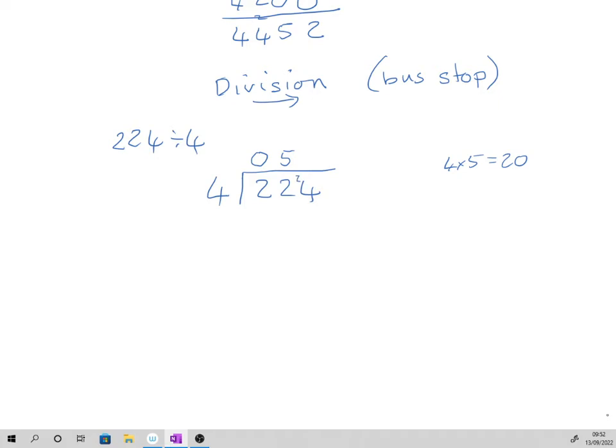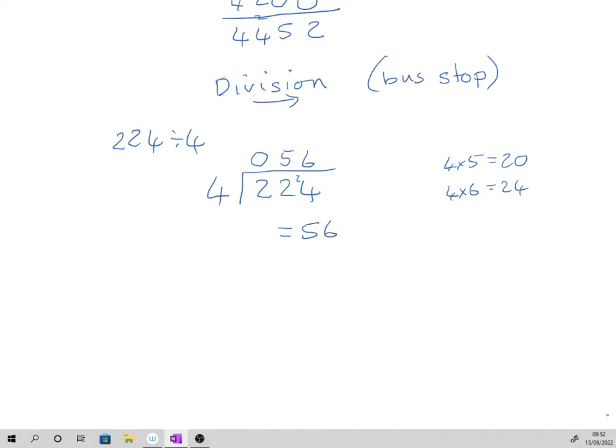So now we go 4s into 24, and 4 times 6 is 24. So 4s into 24 goes 6. And your answer there, we can just lose the 0 now, is 56. And that's how you divide.